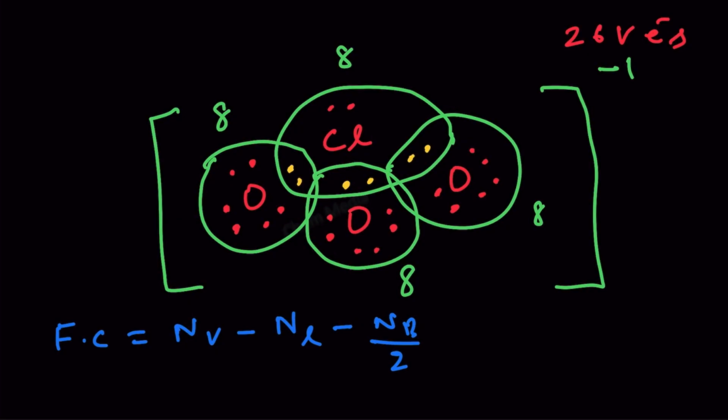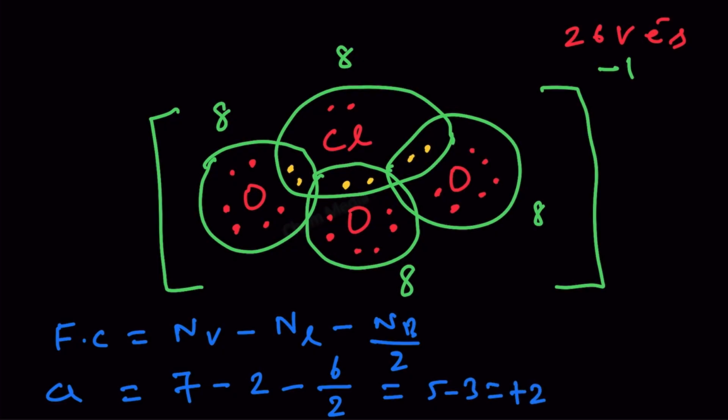So if we calculate the formal charge for chlorine, we have 7 valence electrons in chlorine, and the lone pair we have is only one lone pair, therefore 2 here, minus we have 3 bond pairs, the ones shown in yellow. So that means 6 electrons, therefore 6 by 2. So this means 5 minus 3, and that is equal to plus 2. Therefore we have to put a plus 2 formal charge for chlorine. How about oxygen?